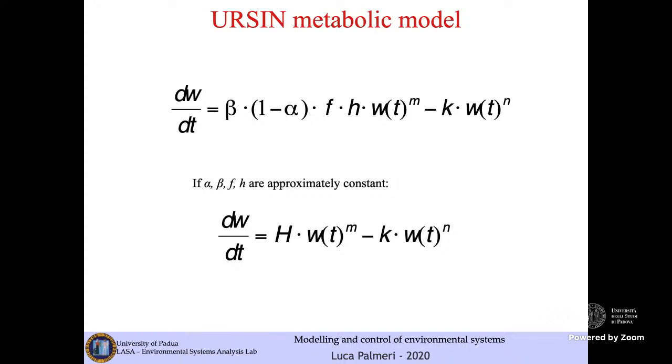This first order derivative is made equal to a series of coefficients times the weight of the fish elevated to power n, minus a negative subtractive quantity that is proportional again to the weight of the fish, and that is employed to describe the fact that growth is limited, so that a specific system has a well-defined carrying capacity for different types of living organisms.